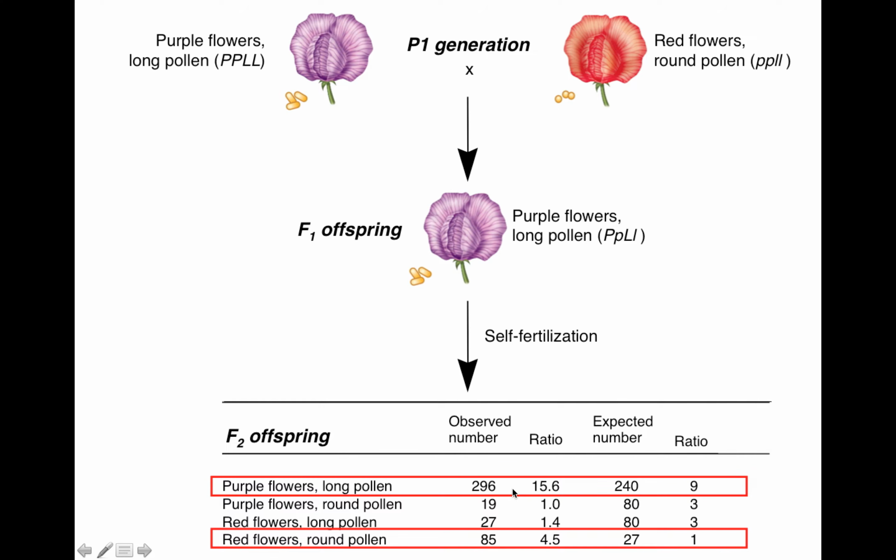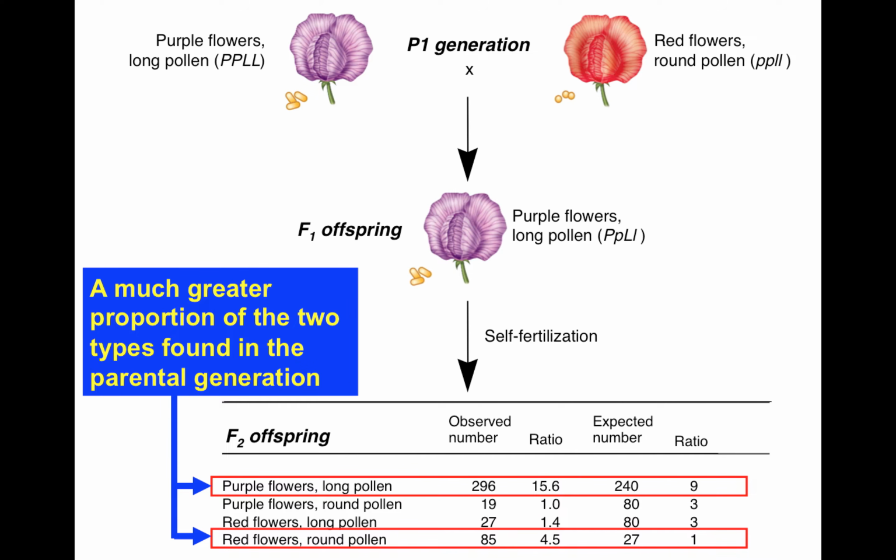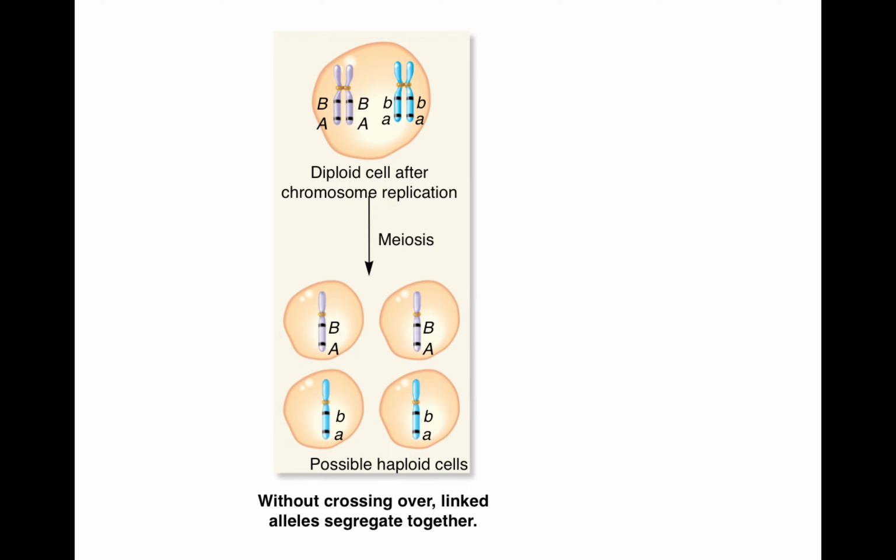This one and this one are much greater proportion of the 2 types found in the parental generation, purple flowers with long pollen and red flowers with round pollen. That is a definite giveaway that those genes are linked together on the same chromosome. Remember that during meiosis, you start out with a diploid cell, and then the sister chromatids separate to form haploid gametes.